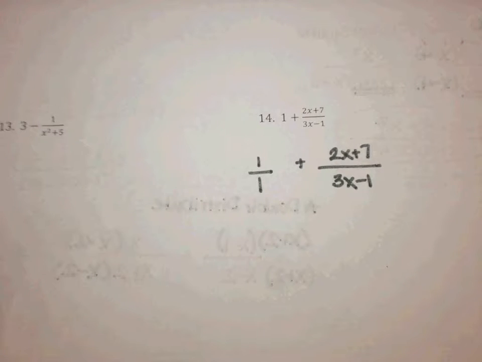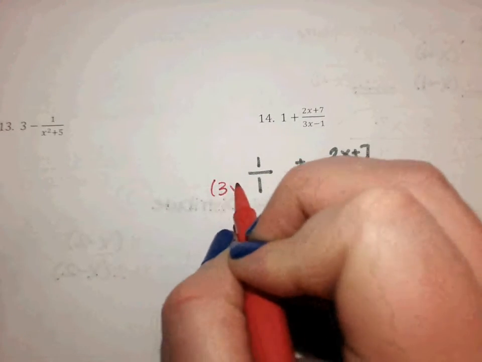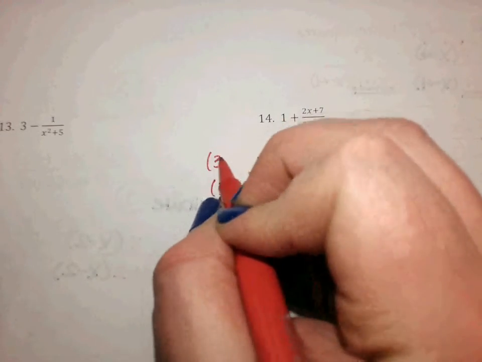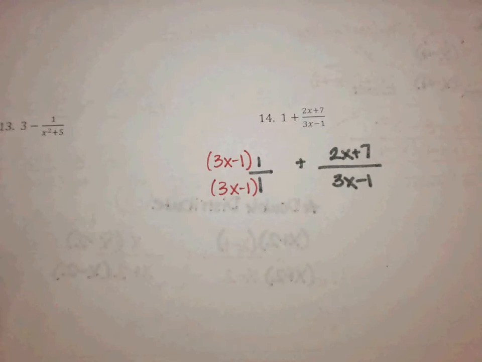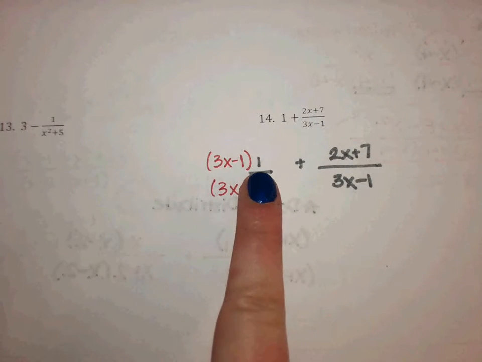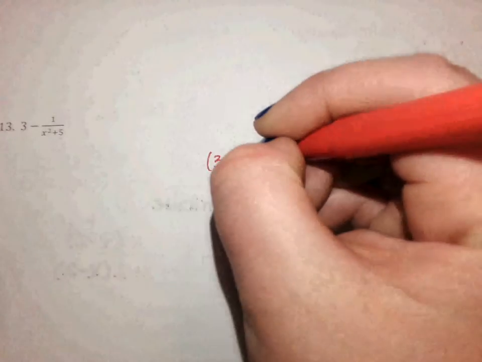Okay, and then remember that if one of the sides is 1, that just means you don't have to fix the other side. So I'll put my 3x minus 1 down here. Remember, if I'm going to put it on the bottom, I have to put it on the top as well. And then from there, you're just distributing. Now, quick question. If this is a 1, what is 1 times 3x?